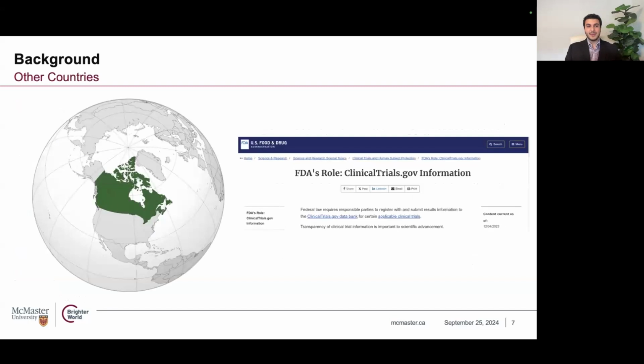Now, when we compare that statement from our government with other countries, whether it's the United States or other countries in Europe, you'll see, for example, this is taken directly from the FDA website, that it is a matter of federal law that requires responsible parties to register and submit results to clinicaltrials.gov. Now, there's a lot of literature on clinical trial best practice reporting in the United States. There's also some literature that's present in Europe.